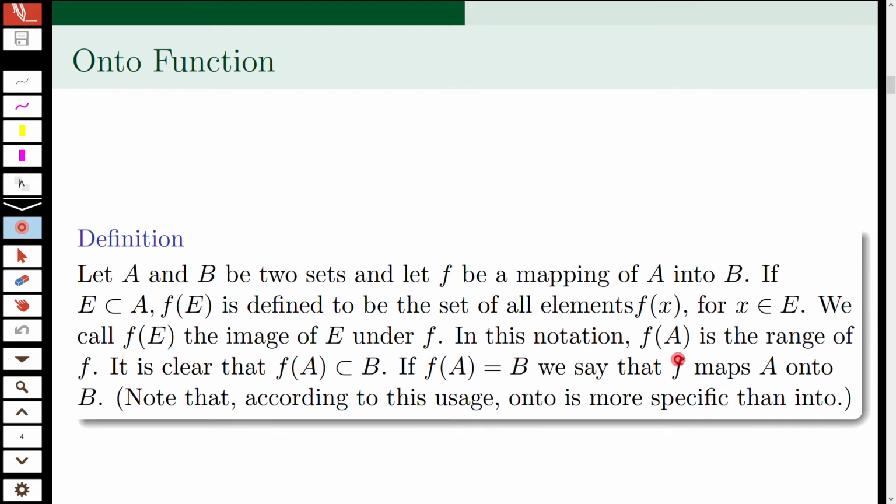In this notation, f of A is the range of f, and it is clear that f of A is contained in B. If f of A equal to B, we say that f maps A onto B. Note that according to this usage, onto is more specific than into.